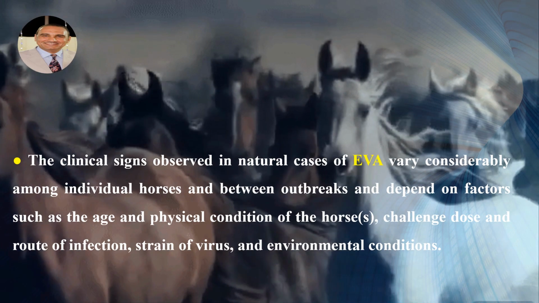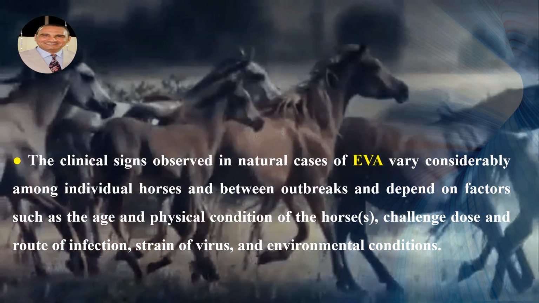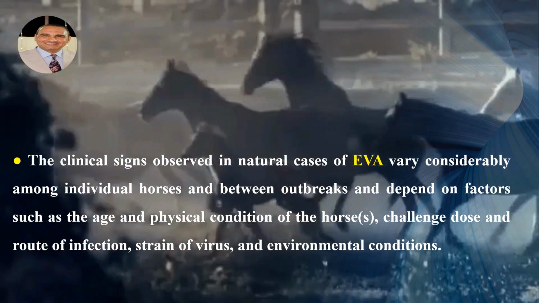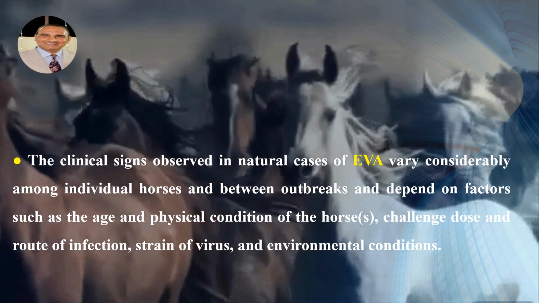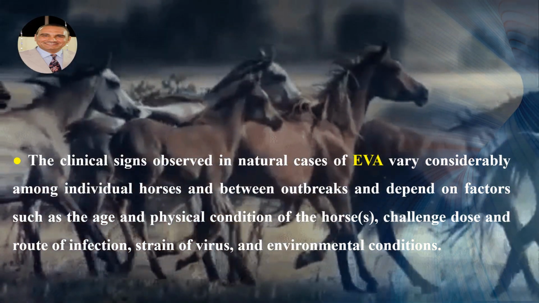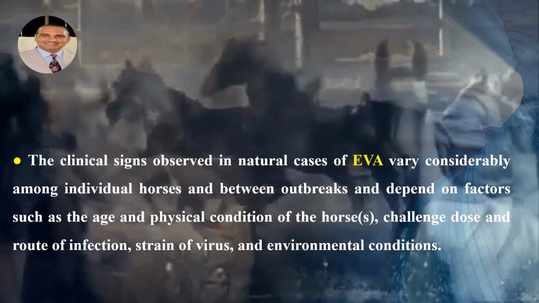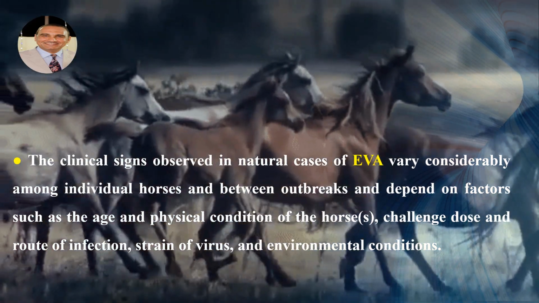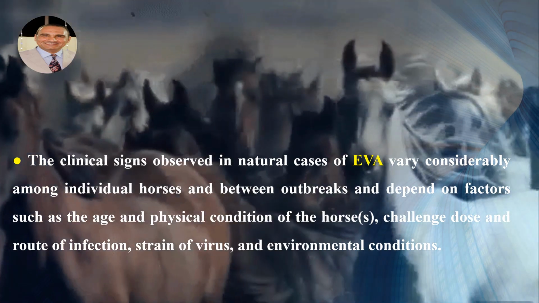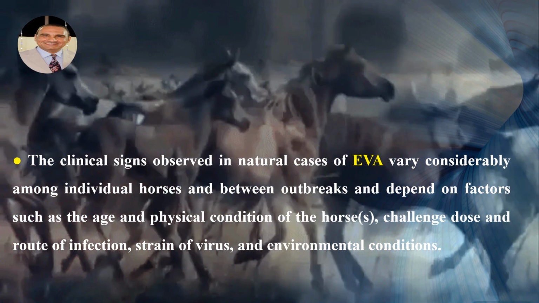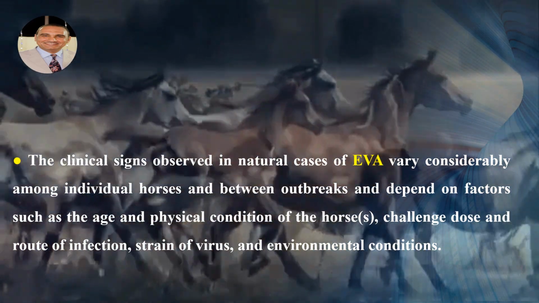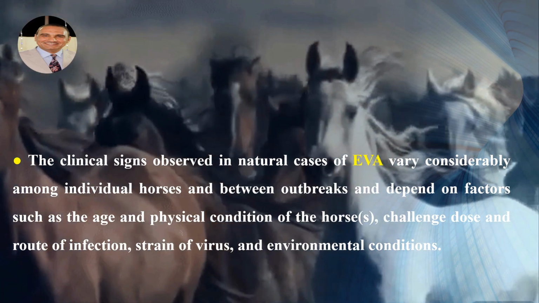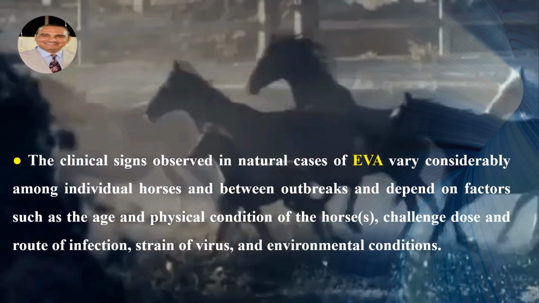Clinical signs observed in natural cases of equine viral arteritis vary considerably among individual horses and between outbreaks, and depend on factors such as the age and physical condition of the horses, challenge dose, route of infection, strain of the virus, and environmental conditions.